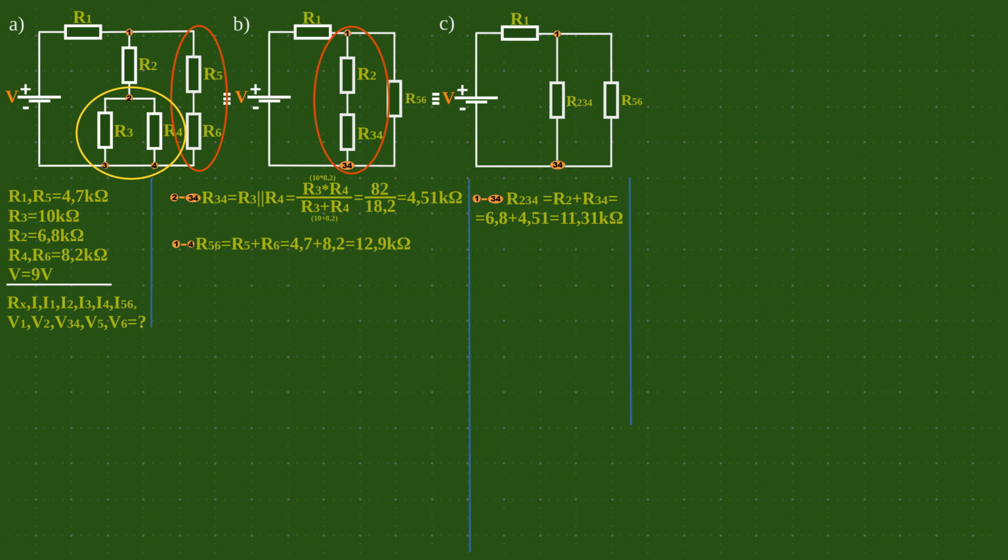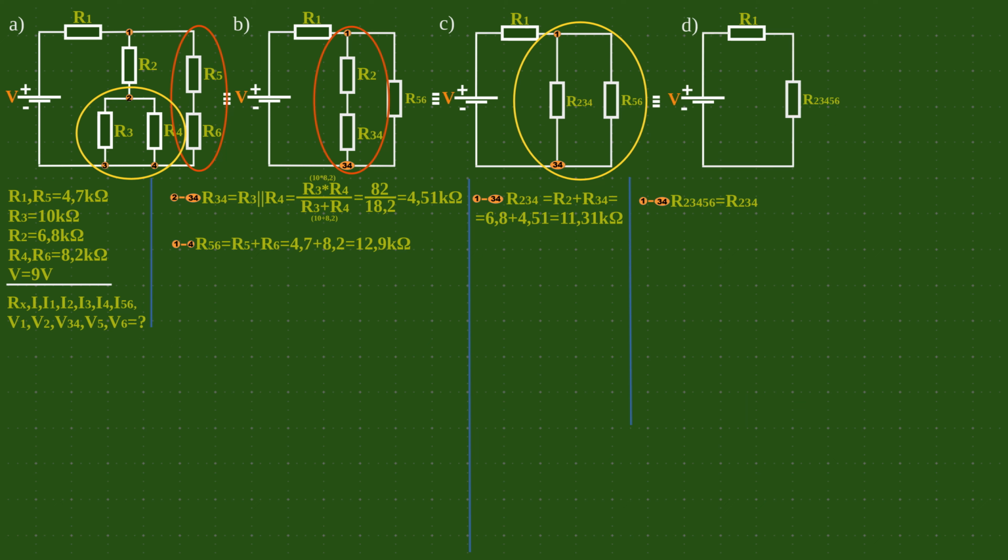We are now close to a final solution. From diagram C, we see that resistors R2-3-4 and R5-6 are in a parallel circuit, and we calculate it. And finally we can calculate the total resistance.